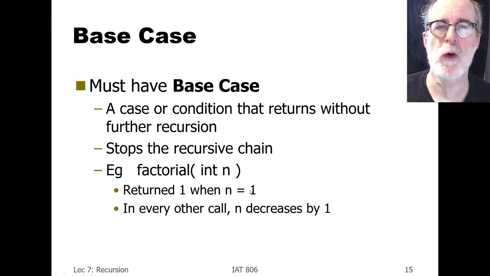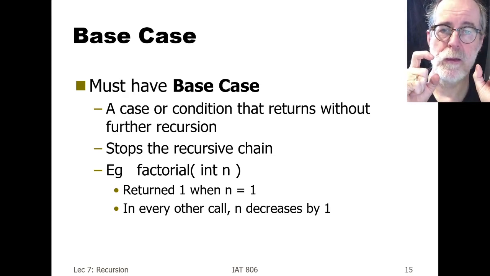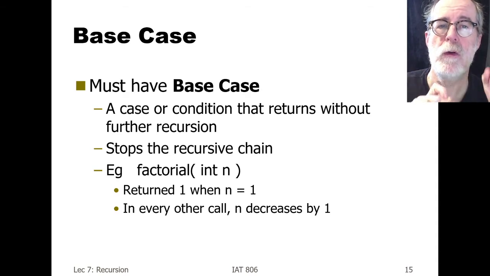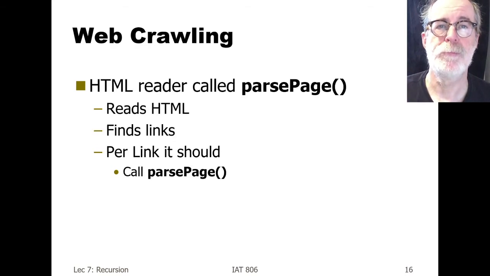In all the other calls, the recursion subdivides the problem by multiplying the parameter n times a factorial call to n minus 1, a number smaller by 1. So the base case is where n equals 1, and that's the point to stop, because there's no point in going any further.